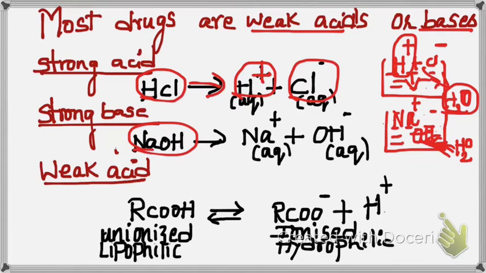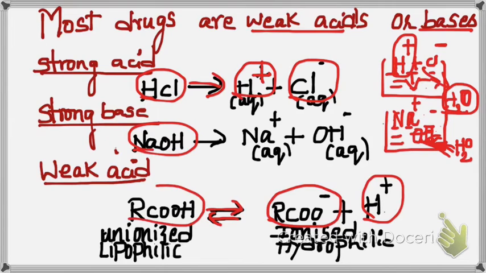Anything which ionizes completely is a strong acid or base, but a weak acid or weak base does not ionize completely. So the ions are not completely formed. The equation lies in equilibrium between the unionized form and the ionized form.